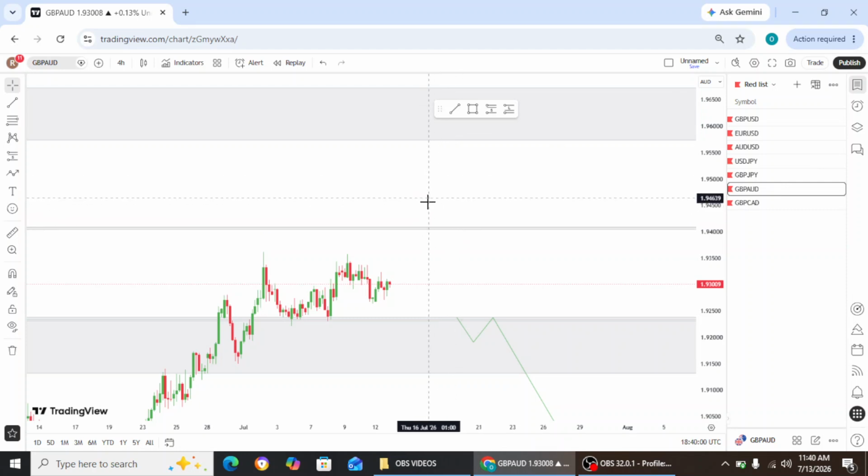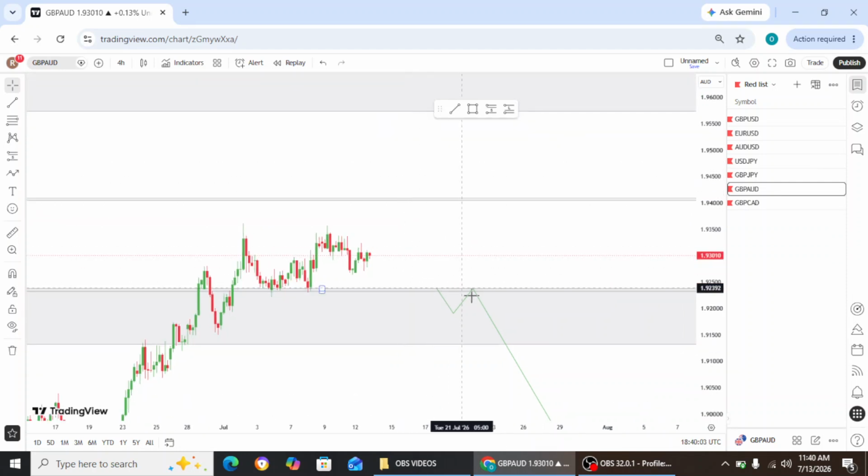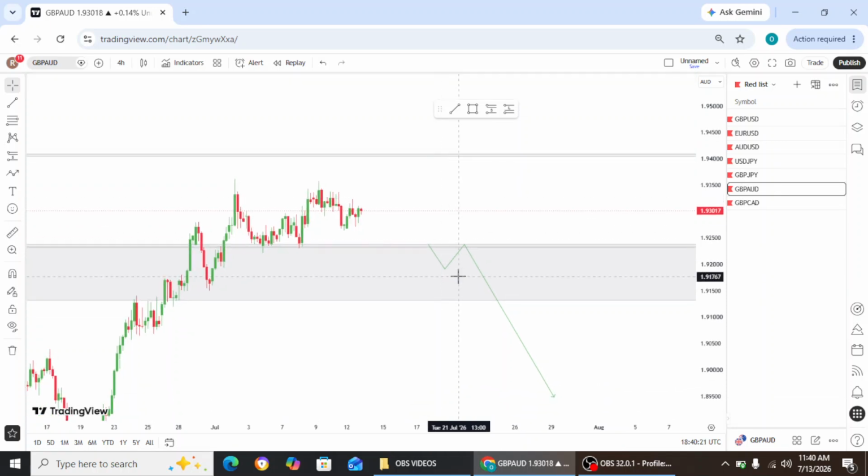Two reasons. One, I only trade around my zones. This is not a zone, this is a minor zone. So taking the market at this level is not really part of my trading rules. I only trade at the zones. But if it breaks to the downside and retests, this is around my zones, so I can consider taking the trade.